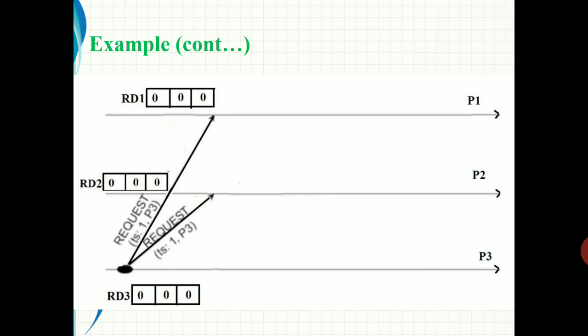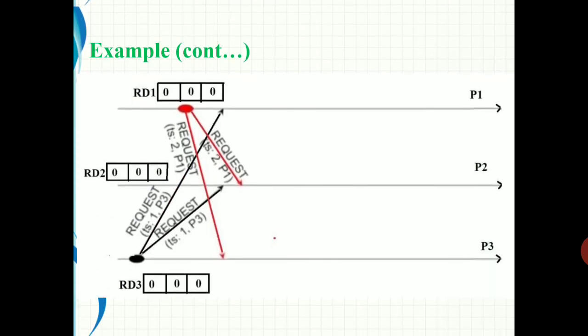So we assign timestamp 1 to that requesting event. The request message contains timestamp 1 and the process number P3. P3 sends the message to the other processes. That is about the requesting part.